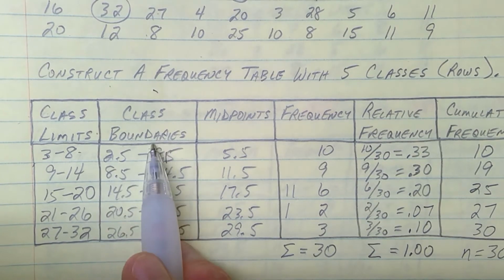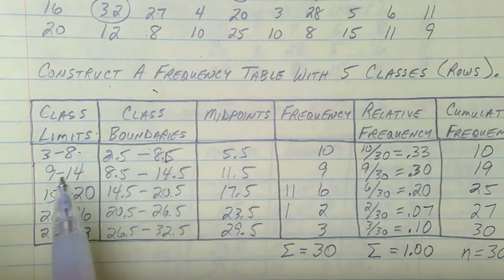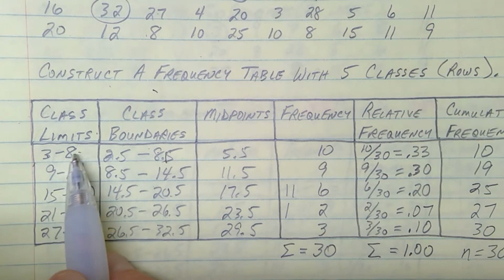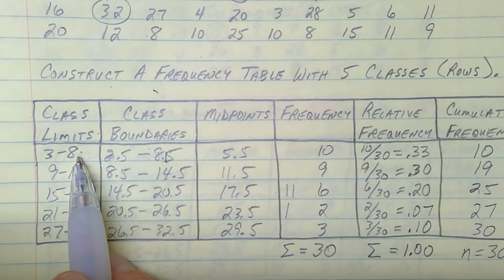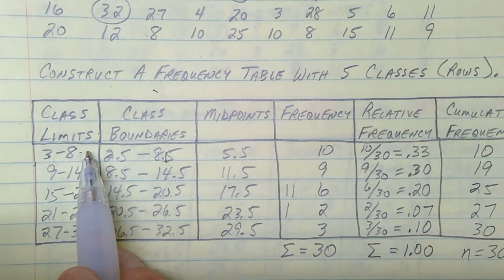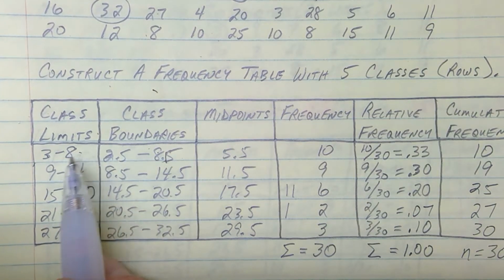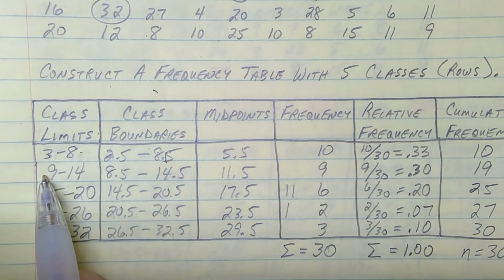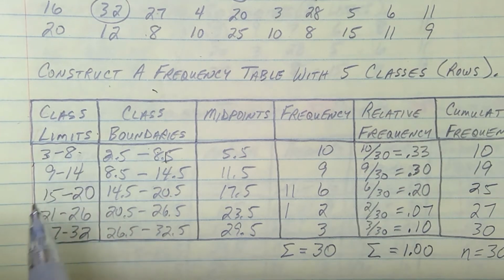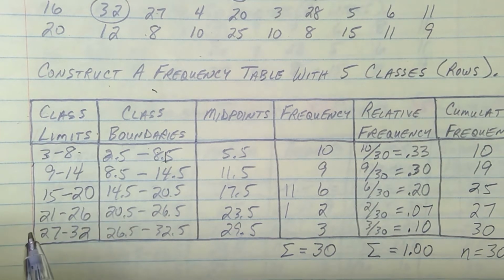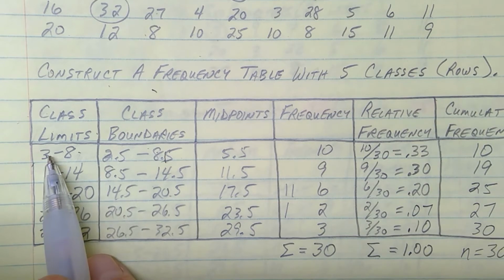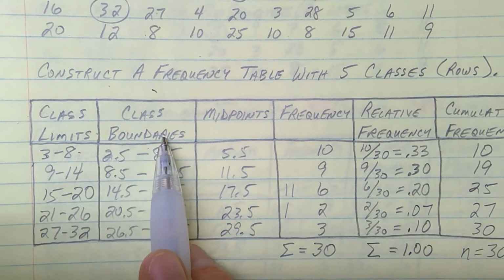Well, the next thing we got to do is we got to stretch it a little bit, because what if we had a value like 8.3. Well, 8.3 is bigger than 8, so it doesn't go in this row. And 8.3 is smaller than 9, so it doesn't go in this row. So we have a whole bunch of decimal numbers that don't have a home. We're going to stretch these limits here. We're going to call them boundaries now.